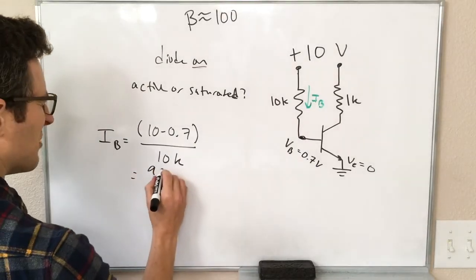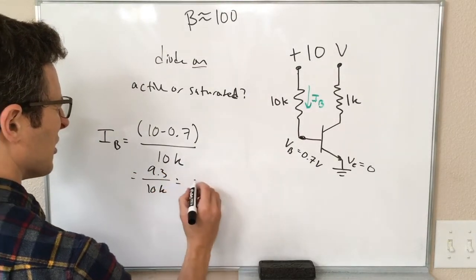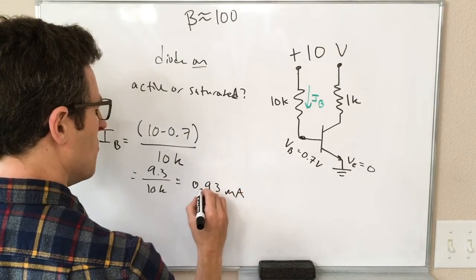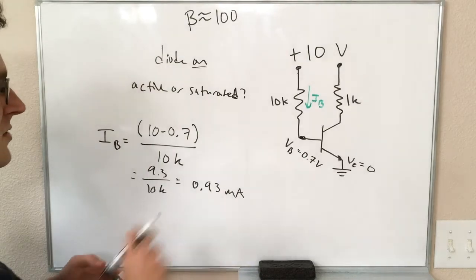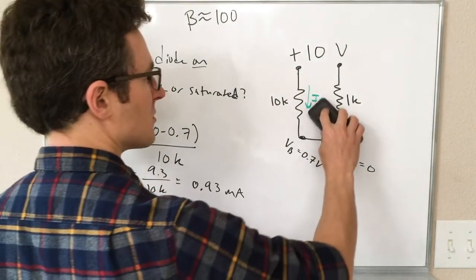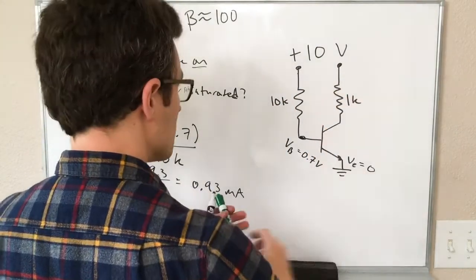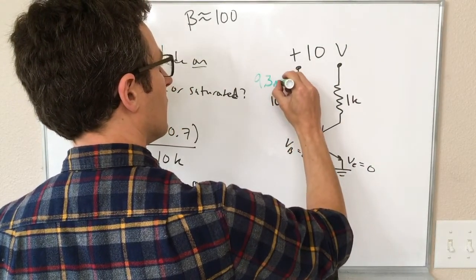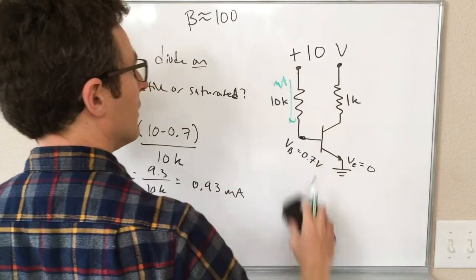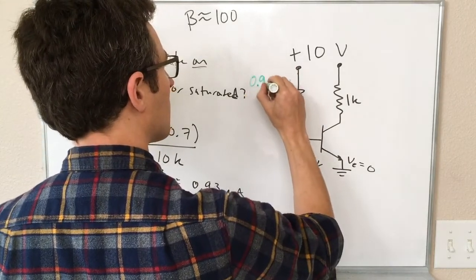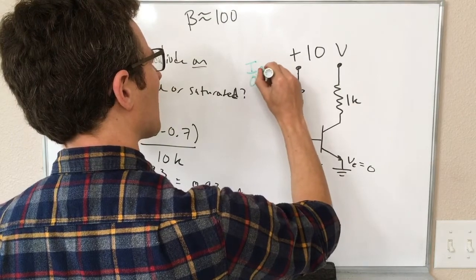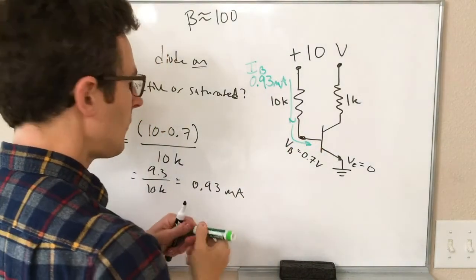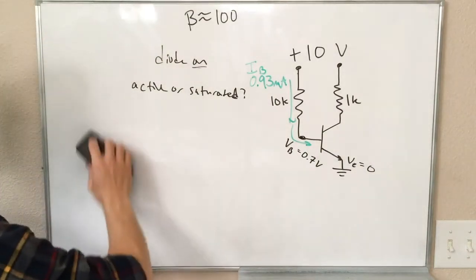That is 9.3 over 10 kiloohms, which is 0.93 milliamps of current in the base. I'll draw on the other side so we have a little more room. So this current is 0.93 milliamps into the base.